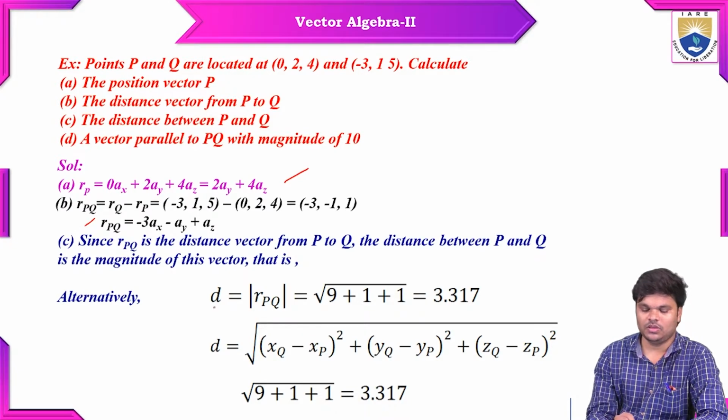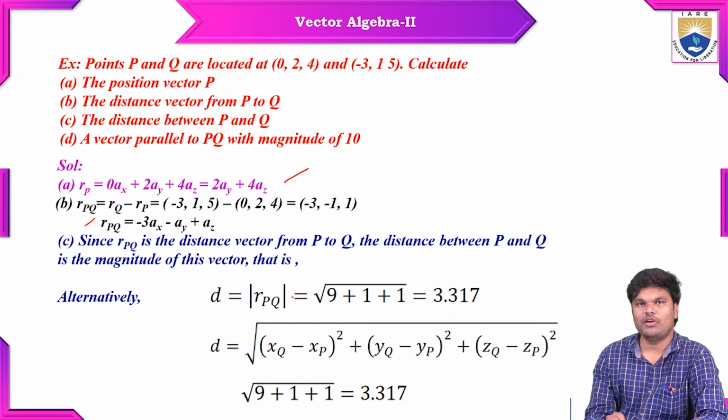Distance is equal to mod of RPQ, which is root of 3 square plus (-1) square plus 1, which is 3.317.